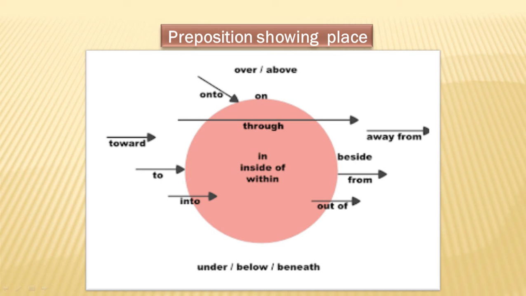Next, through means something passing through, such as water passing through pipelines or pipes. Toward means approaching something. Away from, something is going away from the object. To means approaching something.